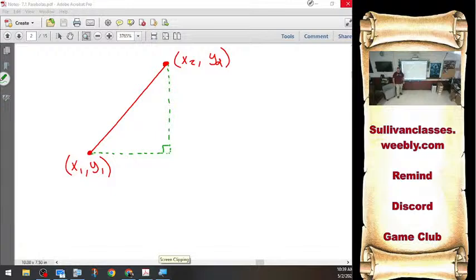X2 minus X1. Remember, if this was a 12 and that was a 7, you would do 12 minus 7, right? Count boxes from 7 over to 12. 12 minus 7. So this distance can be written as X2 minus X1.